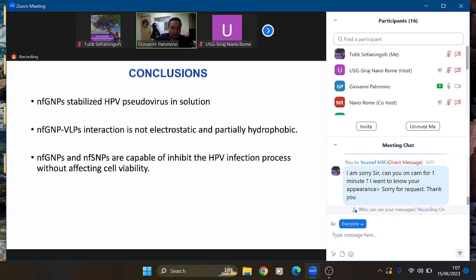So the main conclusions about the human papillomavirus and gold nanoparticles interaction characterization are that gold nanoparticles stabilize the human papillomavirus pseudovirus in solution. The gold nanoparticle-VLP interaction is not electrostatic, at least partially hydrophobic, and both nanoparticles are capable of inhibiting the human papillomavirus infection process without affecting the cell viability.